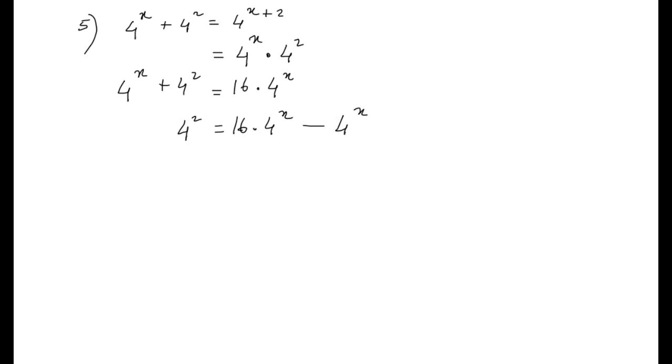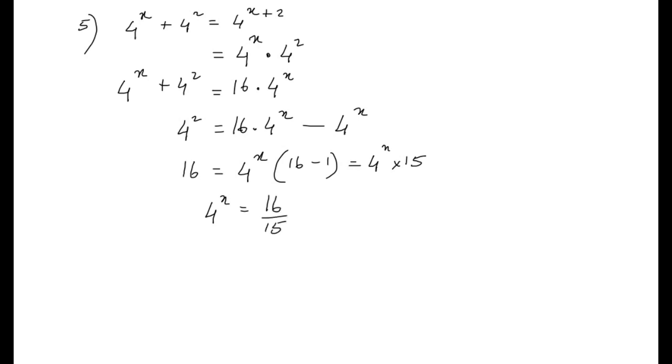Since I'm trying to solve for x, what I can do is factorize to take the term with x in it out, and I'll get 16 minus 1. So that is 4 to the power of x into 15 is equal to 4 squared, which is 16. So that gives me 4 to the power of x is equal to 16 by 15.